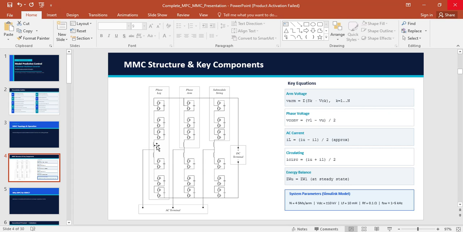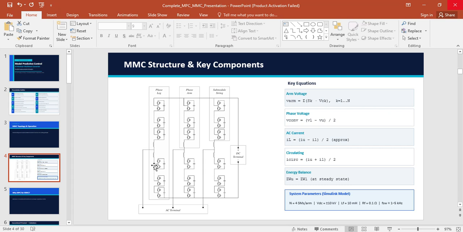This inductor is necessary in order to limit the current whenever the complete arm is bypassed. That current should be suppressed by using this inductor.